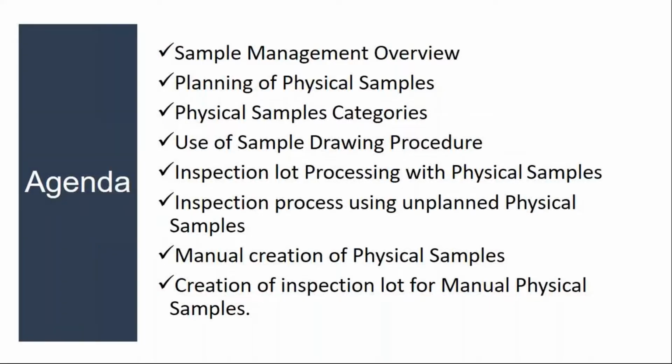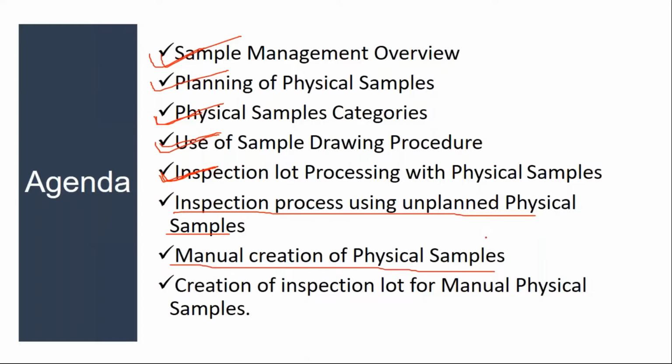The topics we are going to cover are: what physical samples management is, how to plan the physical samples, planning of the physical sample categories, what the different types of physical samples are, then use of the sample drawing procedure, what the sample drawing procedure is and how it is used, then inspection lot processing with physical samples, how the inspection lot is processed using physical samples, then the inspection process using unplanned physical samples, and manual creation of physical samples, and then creation of an inspection lot for manual physical samples. So these are the topics we will be covering in physical samples management.